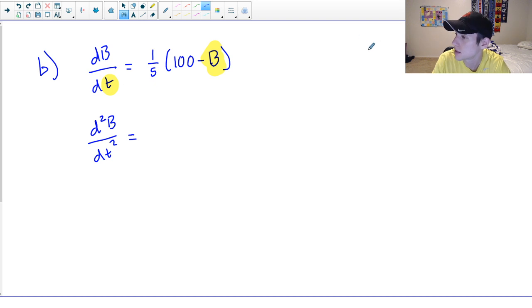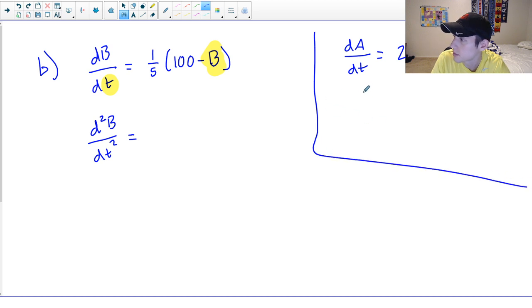So let me come up with a different example. Let's say dA/dt is 2A. This is just something totally separate that I'm making up. I think the common mistake would be people say, oh, take the derivative. The derivative of 2A is just 2, right? That's not true.